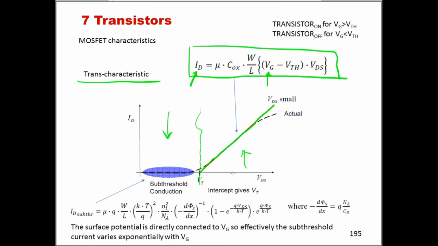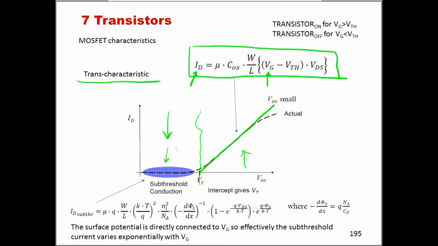Now, what is particularly important to note immediately is that in the sub-threshold regime, the current would seem to be zero, but in reality it isn't. We will see in a moment that the sub-threshold regime could also be divided in two sub-regions.